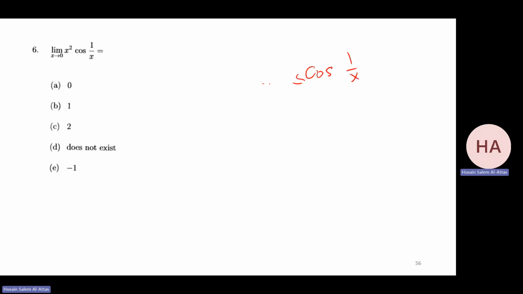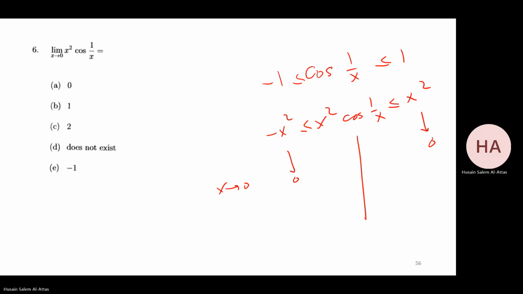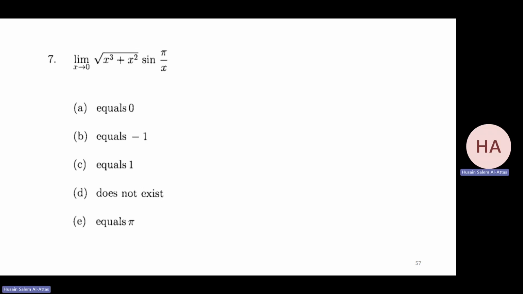Cosine 1 over x is between minus 1 and 1, multiplied by x squared. As x goes to 0, this goes to 0, this goes to 0, this goes to 0, by the sandwich theorem. Same idea. Sine pi over x is between minus 1 and 1, multiplied by this square root.